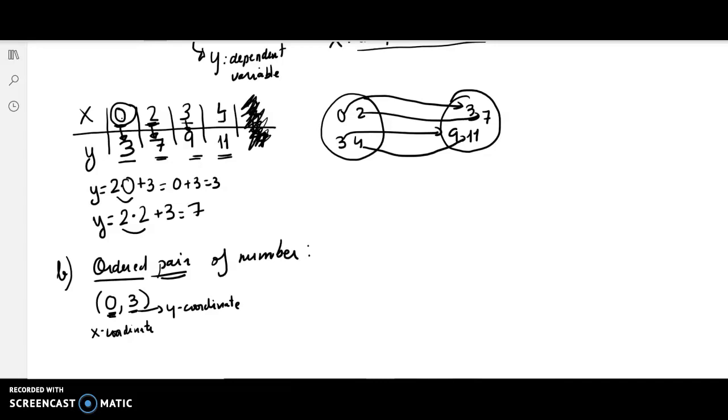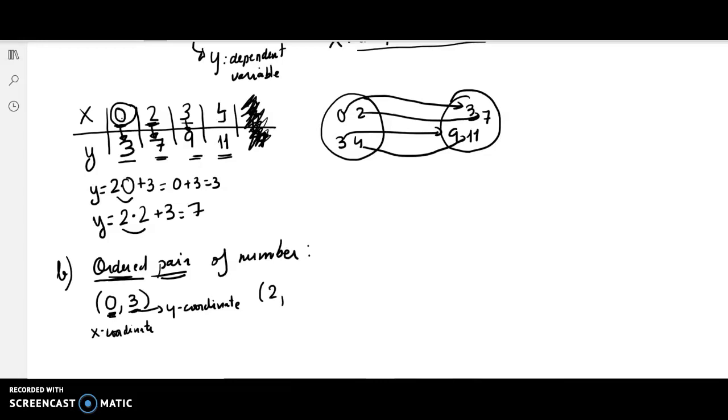The first number is going to be the x coordinate always. And the second coordinate will be the y coordinate. I cannot change this order. So it means that this pair of numbers is ordered. I cannot change the order, okay? So from this table, I can get different ordered pairs of numbers.